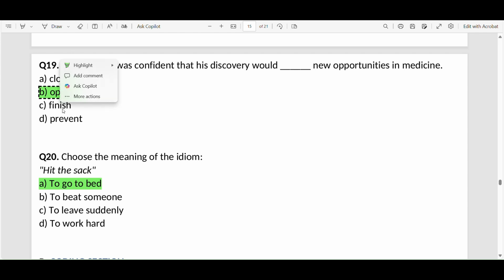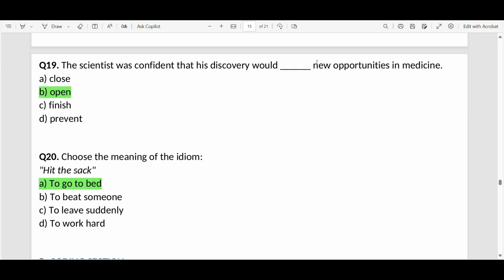And next we have open. Yes, it will be opening new opportunities, then the scientist would be confident. So open would be the correct one. Open is a correct option for this. And let's see the next options too. The third option is finish.